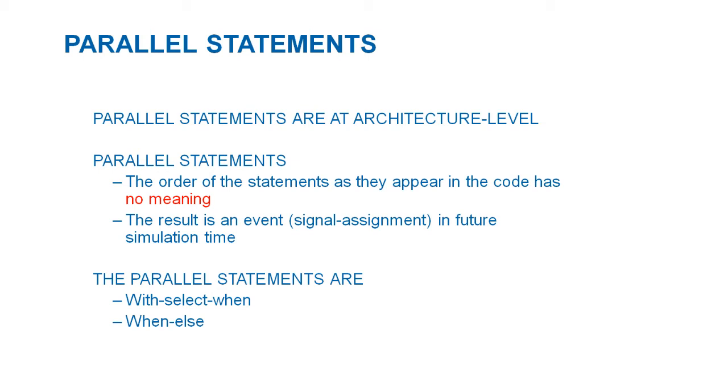And to do this, we have constructs like with-select-when and when-else. So we should be able to know, at the time we execute this parallel statement for decision making, what are the possible values that will be executed.